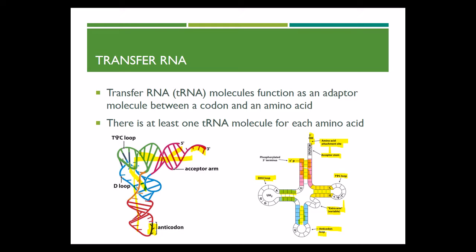And this is where we have the CCA tail at the 3' end. And these are the 2 most important sites for translation site recognition and amino acid attachment.